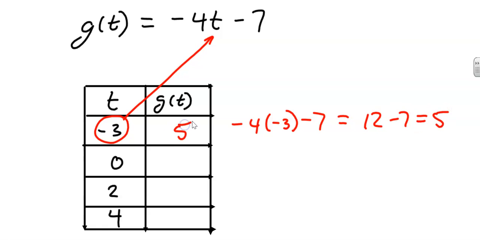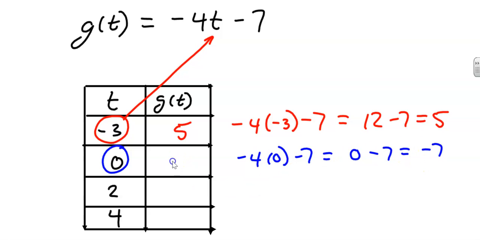So that would be the 5 value that you would put there. Next, you'll take the 0 that you have here, plug it back in. So now it's negative 4 times 0 minus 7. Anything times 0 is 0. 0 minus 7 is negative 7. So then you put the negative 7 in here.